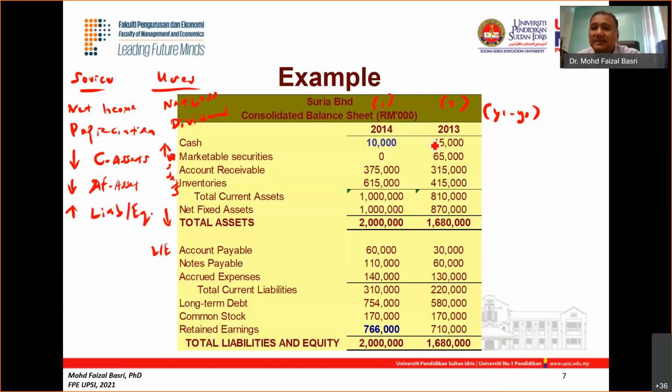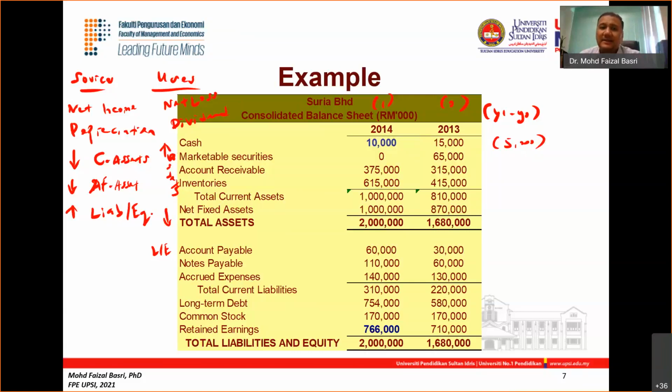So 10,000 minus 15,000, you're going to get negative 5,000. I put a bracket there to symbolize the negative value.